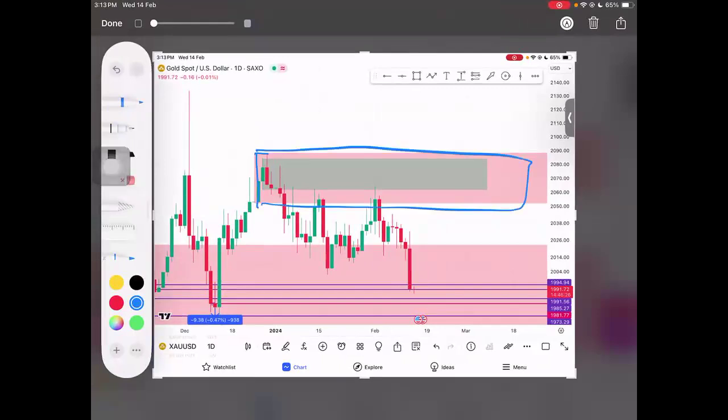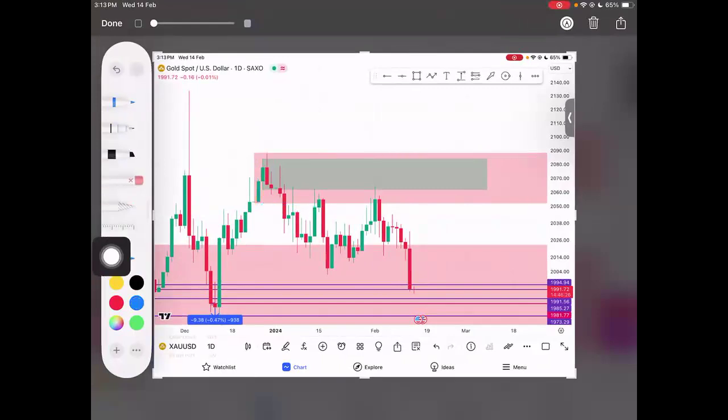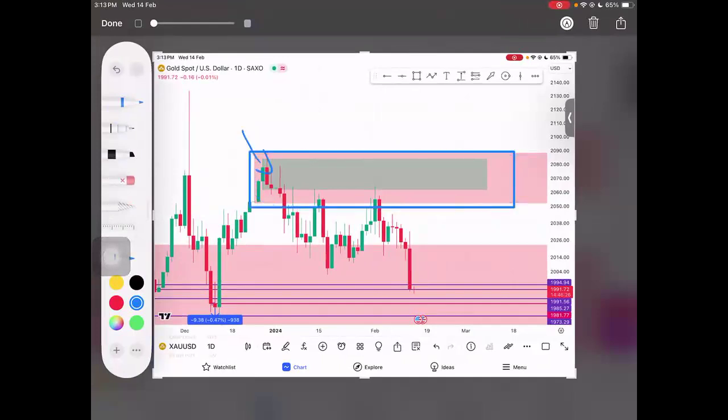Well, that was your weekly zone. When we mark the zone, we only want to focus on what's inside the zone. Sells. Focus inside the zone.